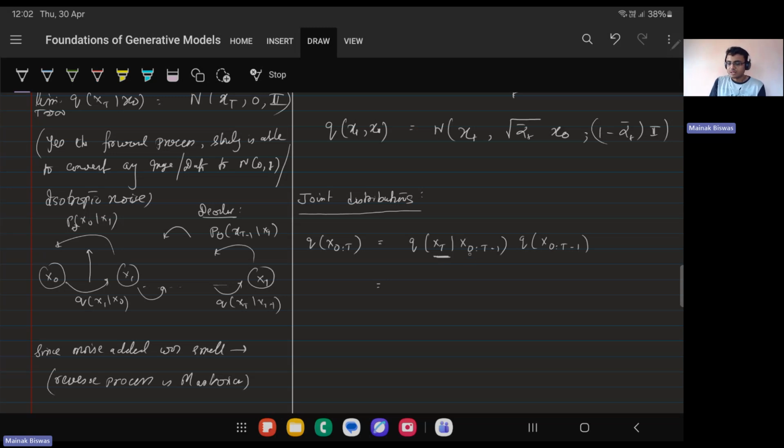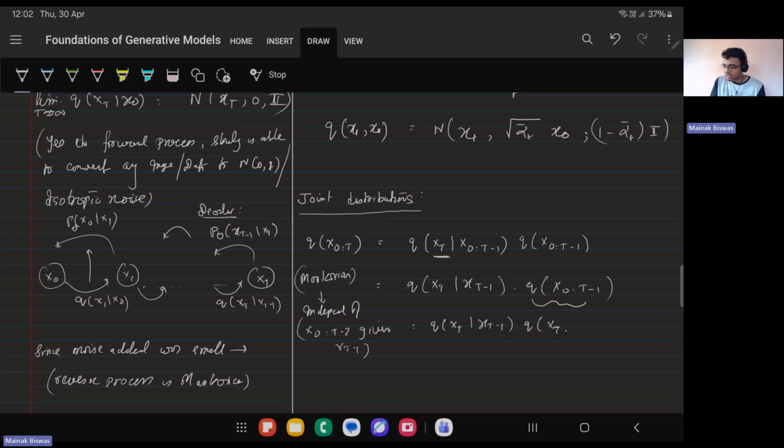As soon as I do that, by the Markovian property, I can write this as q of xt given xt minus 1, independent of x0 to t minus 2 given xt minus 1, into q of x0 to t minus 1. Now again, by induction, this can be factored as q of xt given xt minus 1, q of xt minus 1 given xt minus 2, into q of x0 to t minus 2. So I used this factorization again.